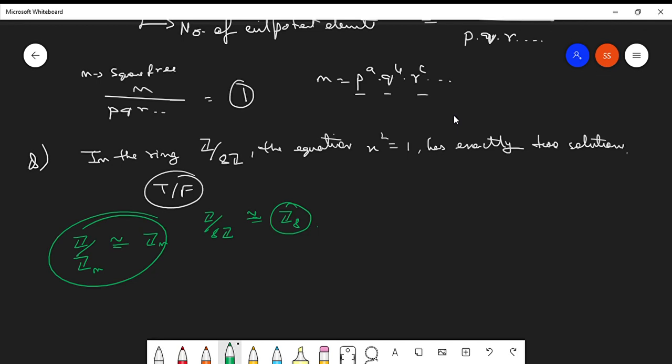So Z8 will have elements 0, 1, 2, 3, 4, 5, 6, and 7. Just verify it. 0 won't work, 1 will obviously, 2 won't, 3 will obviously, 4 won't, 5 will, 7 also will. So you have 4 solutions. So this is false. Clear?